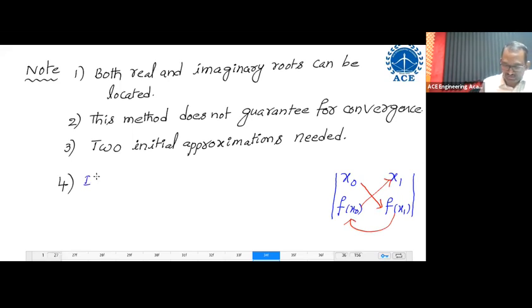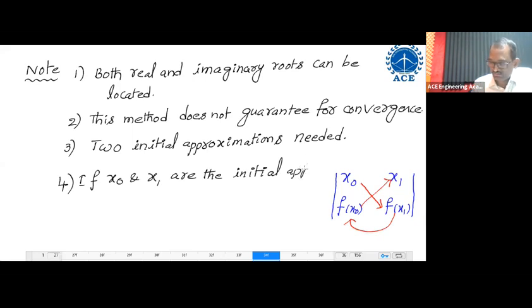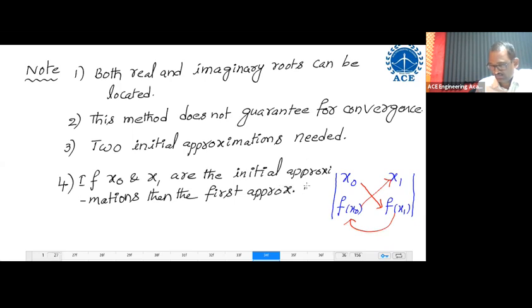So write down, if x0 and x1 are the initial approximations, then the first approximation is x2.